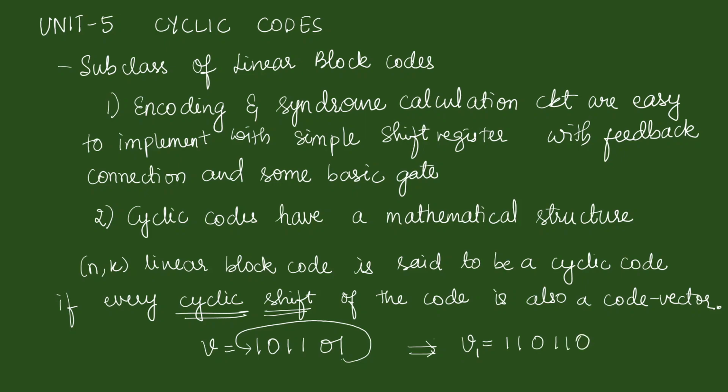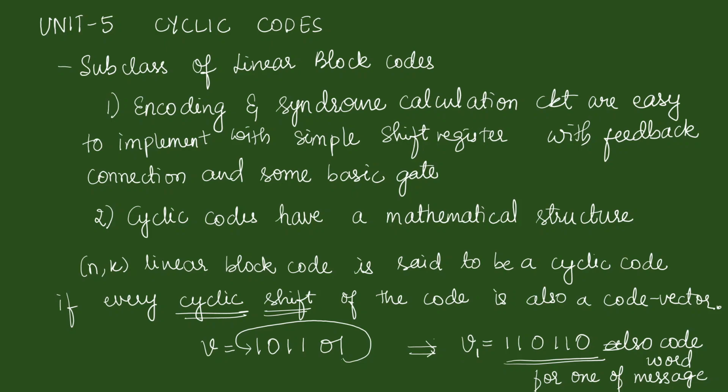If this n-bit code word obtained after the cyclic shift is also a code word for one of the message combinations, and this holds good for any number of cyclic shifts, then we call such a code a cyclic code.